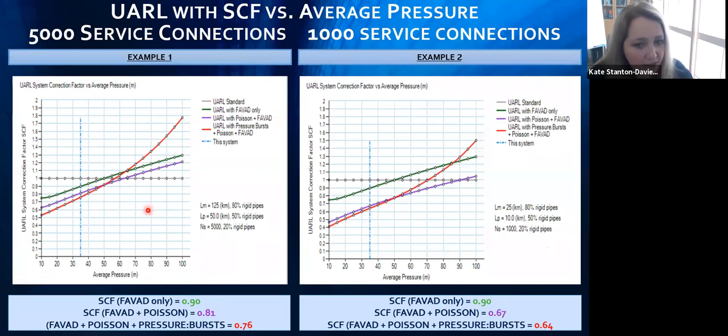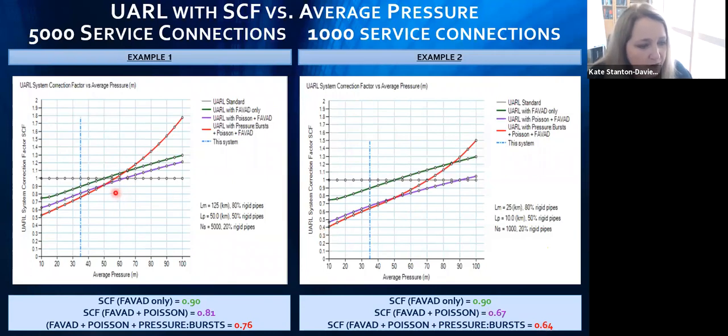If we look at the red curves as well, on the left-hand side, at pressures less than 50 meters, of which this is an example at 35 meters pressure, we go from 0.81 to 0.76 for FAVAD and pressure bursts at 35 meters, and on our smaller system, 0.67 to 0.64.